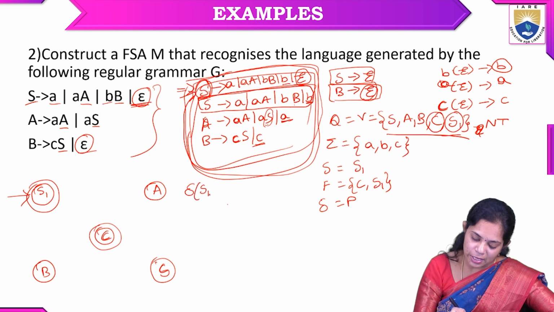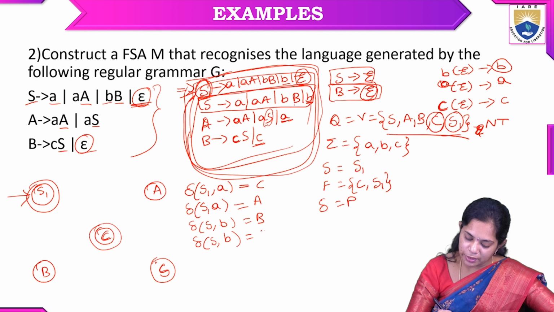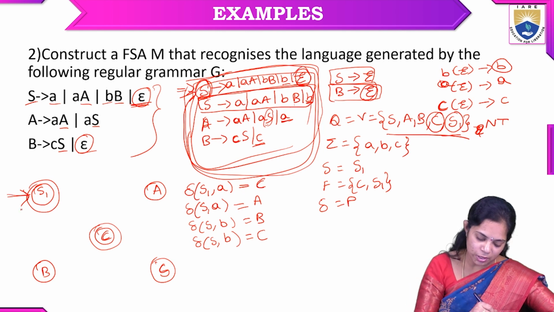Transition of S1 on A reaches the final state C, and we also write the transition of S1 on A reaching another state A. Transition of S on B reaches the state B, and since only a terminal B is there, it also reaches C. We will represent this, and epsilon also. Epsilon is nothing but we include it with the start symbol.